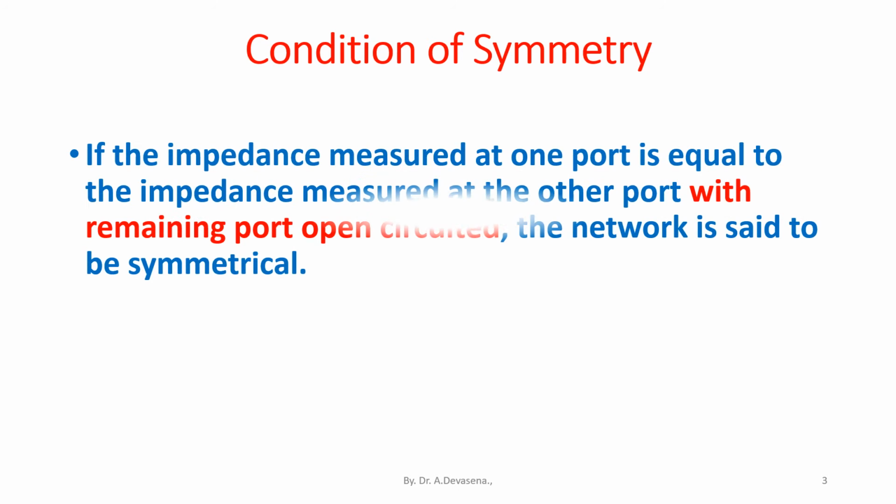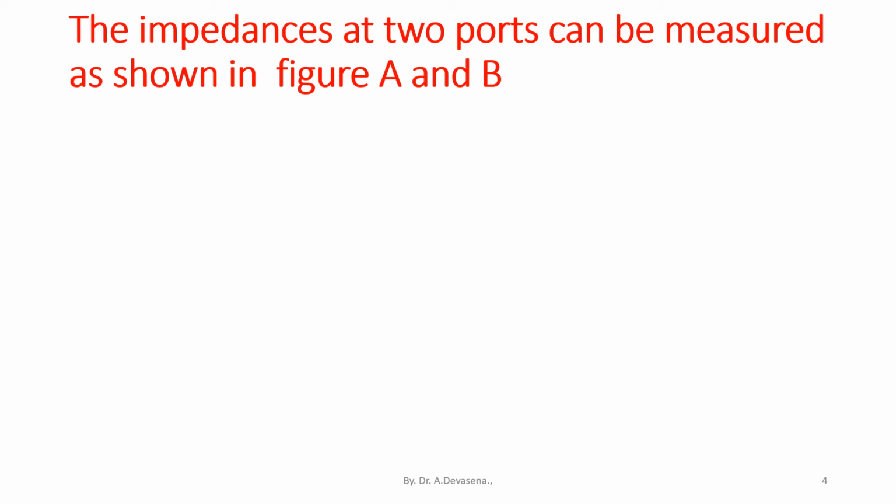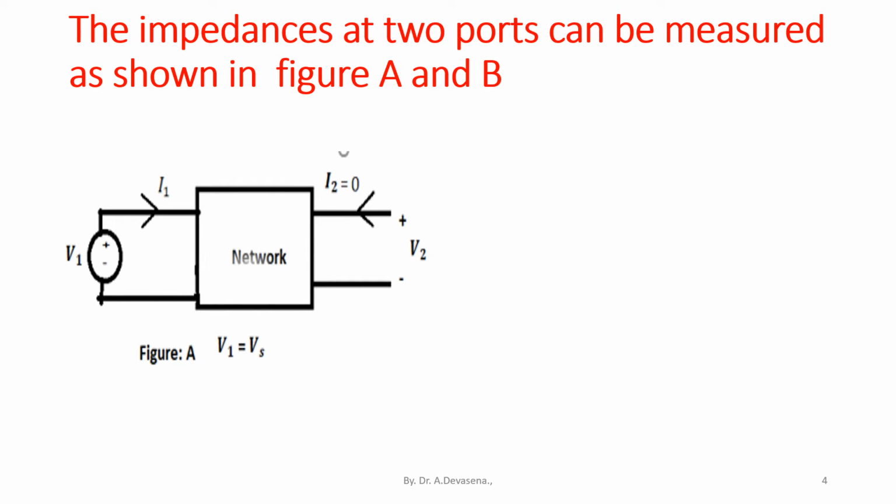If the impedance measured at one port is equal to the impedance measured at the other port with the remaining port open circuited, the network is said to be a symmetrical network. The impedances at the two ports can be measured as shown in figure A and figure B. This is figure A. Here we have considered V1 is equal to Vs and output current I2 is equal to 0, that is, the output is open circuited.